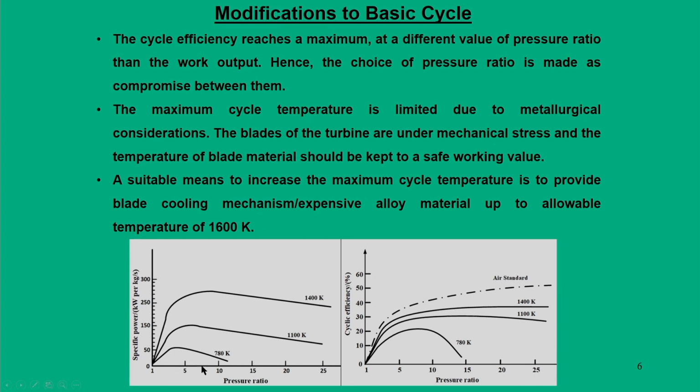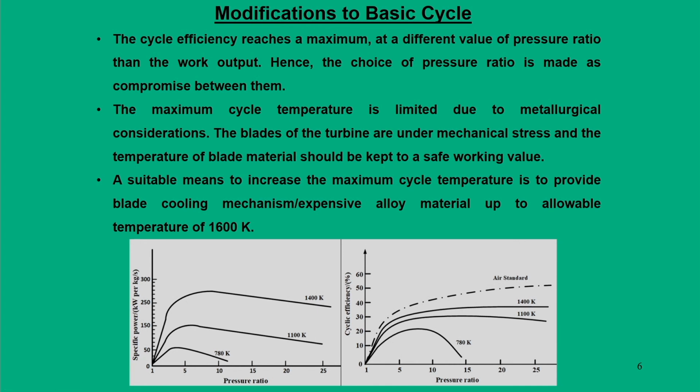When you increase the pressure ratio, obviously cycle efficiency increases, beyond some point it comes down, but at the same time when you increase the temperature ratio, we can have a prolonged cycle efficiency for a wide range of pressure ratio. And there are some limiting temperature and pressure ratio ranges within which a gas turbine cycle needs to be operated.